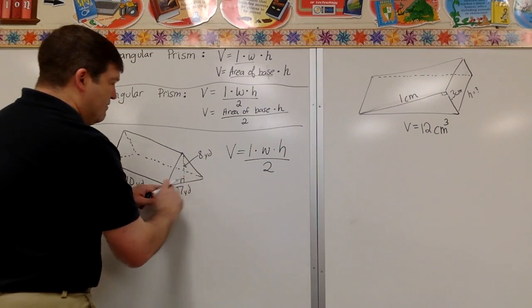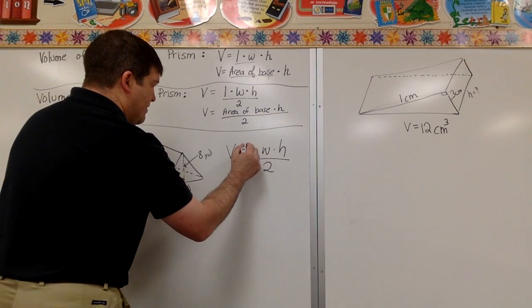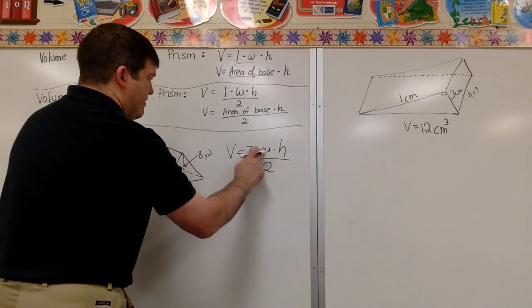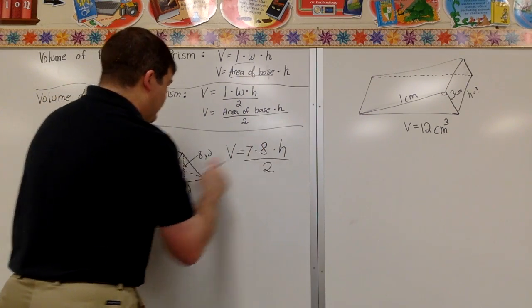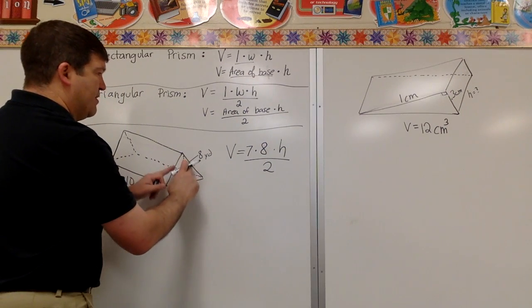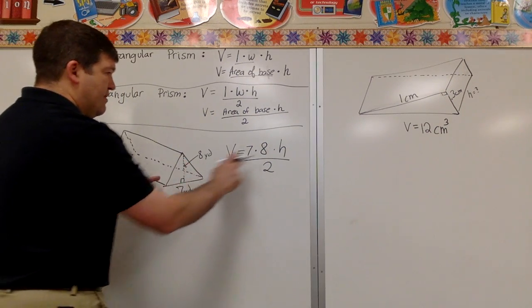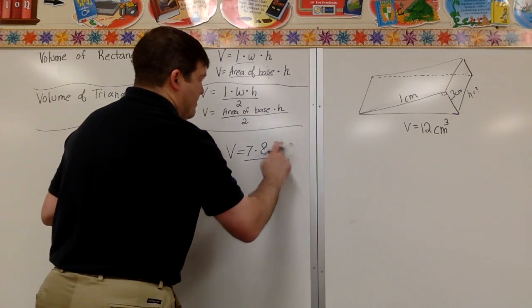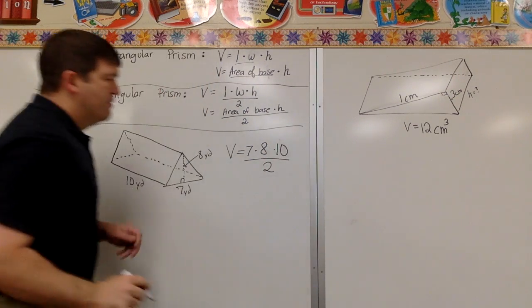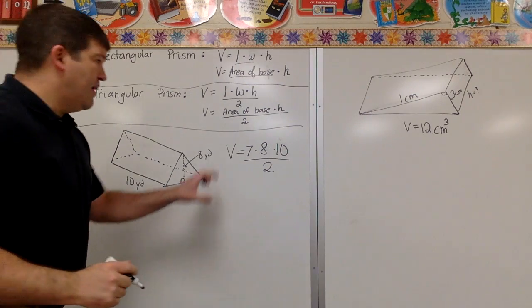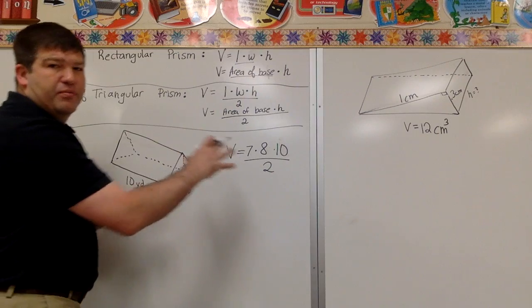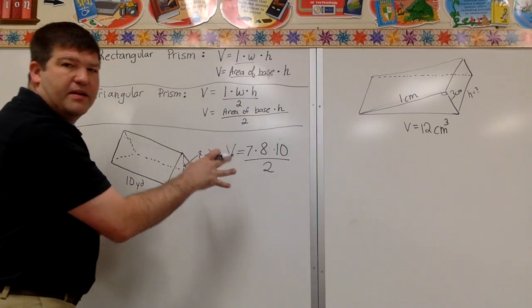So I have a 7 here, and then 8 here. 7 times 8, so that's my triangle. That's the area of the triangle. And then this height is 10. Okay? So once I have my formula, I just replace all the variables that I know with the actual numbers. I plug them in.